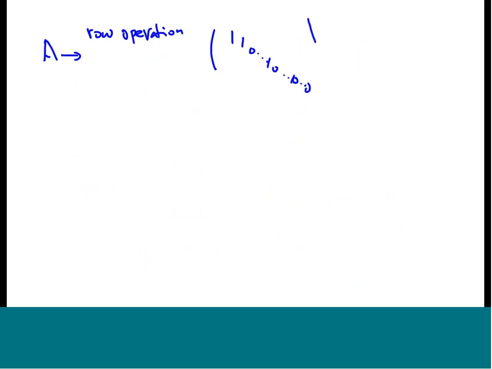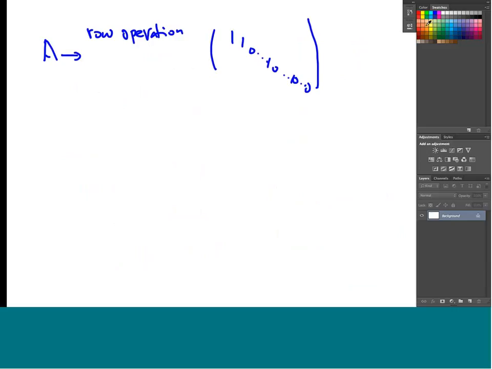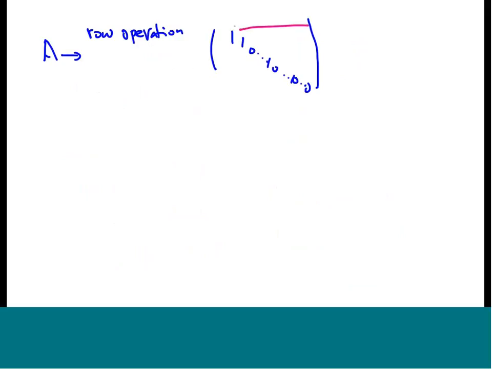Essentially the rank of the matrix is how many ones there are. Let me give you an example: 1, 2, 3; 2, 3, 4; then 3, 5, 7. Let's do the row operations.